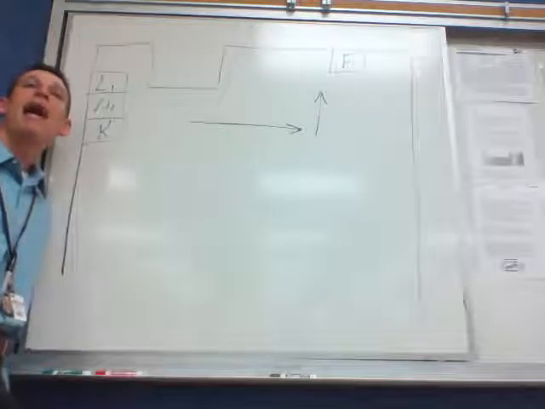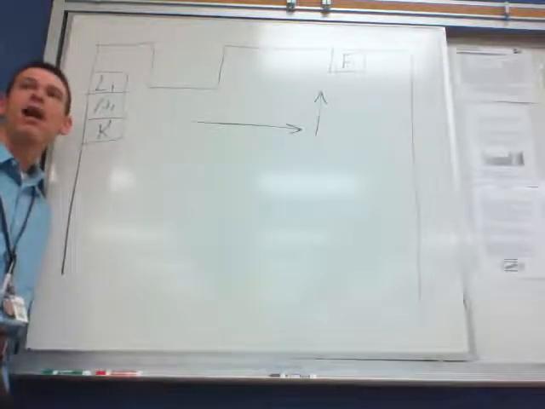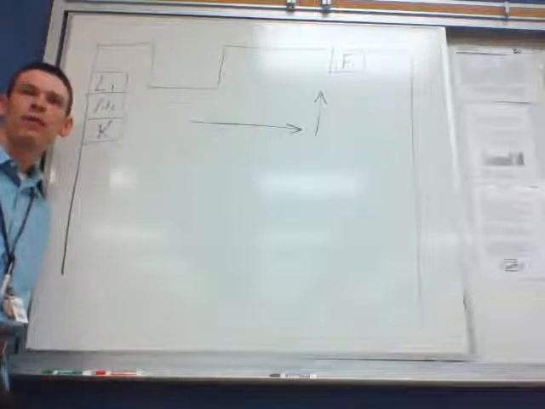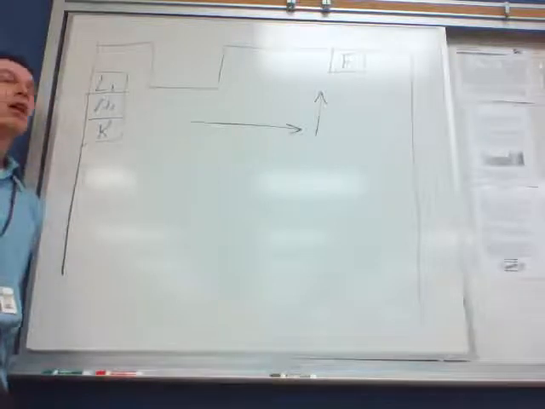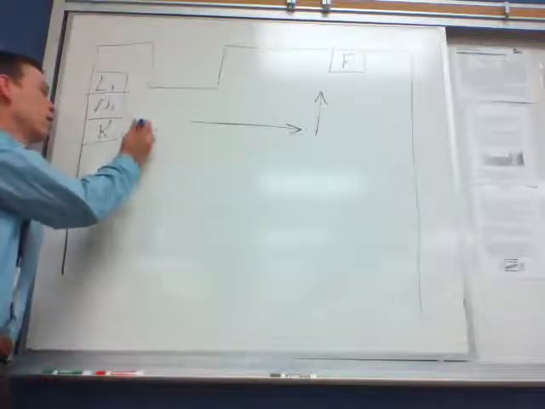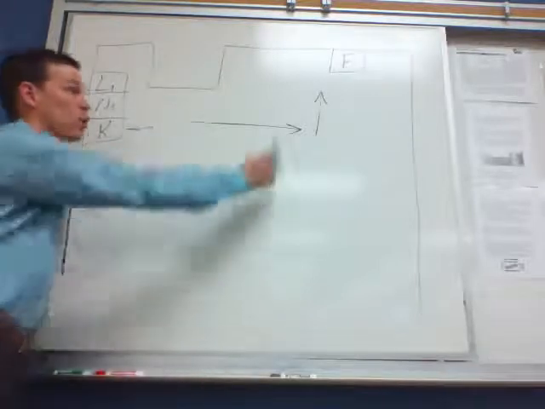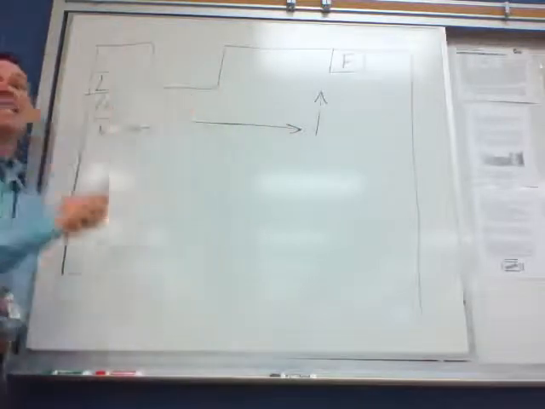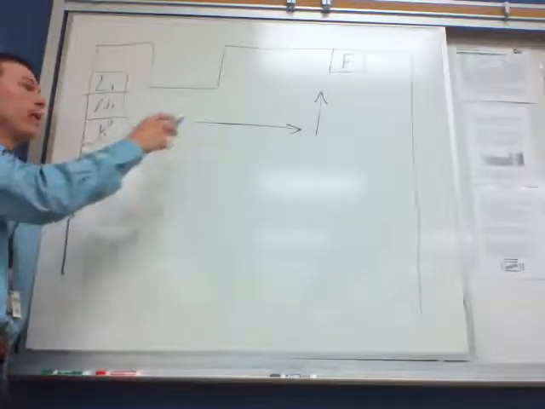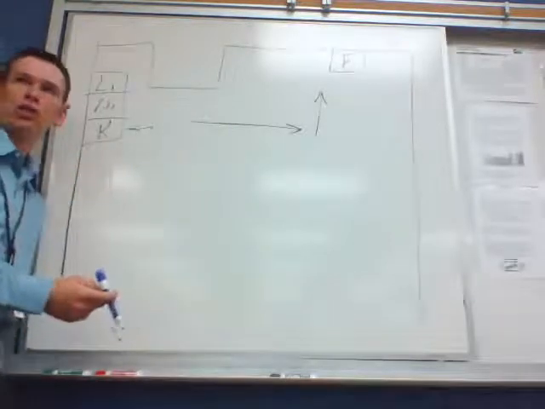I want to know which one has the lowest ionization energy. What's the answer? Potassium has the lowest. We know that ionization energy gets higher as you go up, so this is the one that has the highest. I wanted the lowest, so it'll be the other direction.